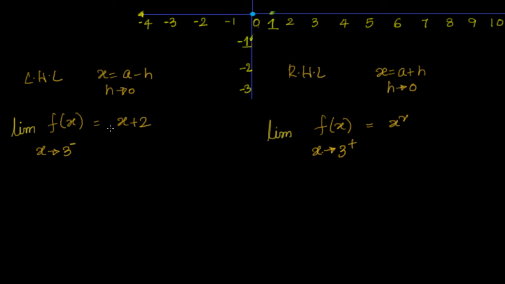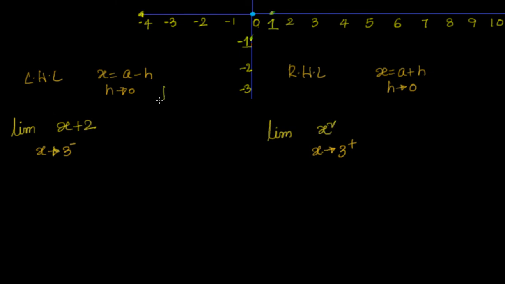I have to prove that. So that's nothing but we are saying limit. I don't want to confuse you with that. Either you can take f of x or you can take x plus 2, because limit of x plus 2 as x moves towards 3, and this is nothing but limit of x square.